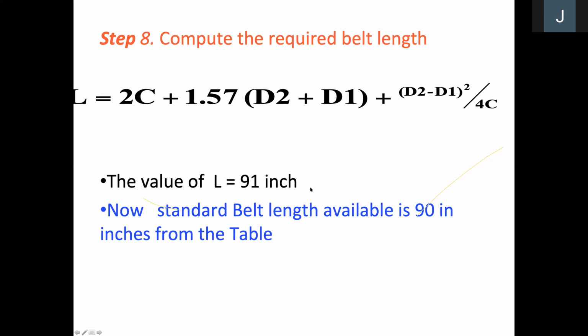But whatever length you get here may not be available in the actual market. So there are standard belt lengths which are available, and you have to select the standard belt length.